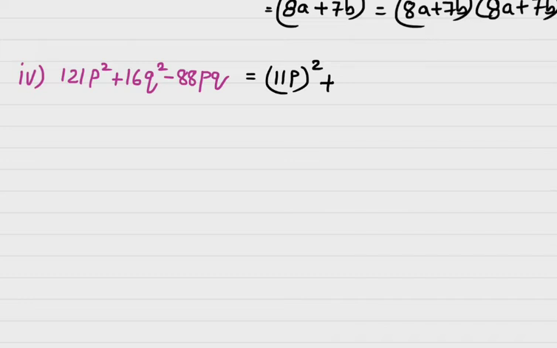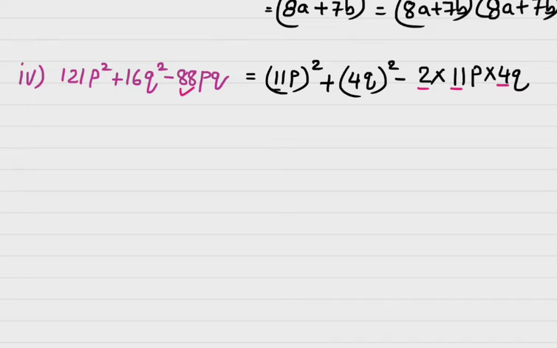So 4q whole square minus 2 into 11p into 4q. Let us see what it is coming. 2 into 11 is 22 into 4 is 88. Okay. And pq. So it is minus 2ab.